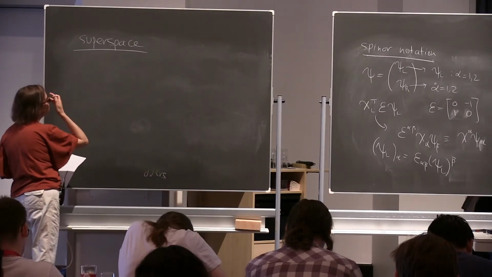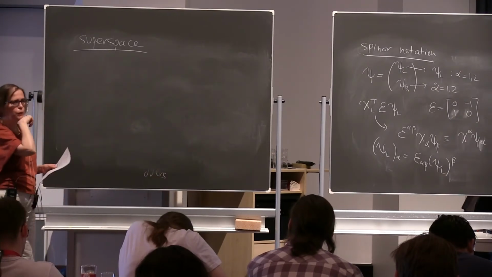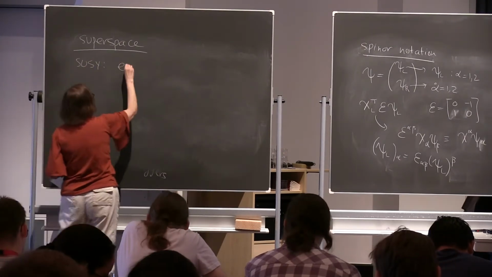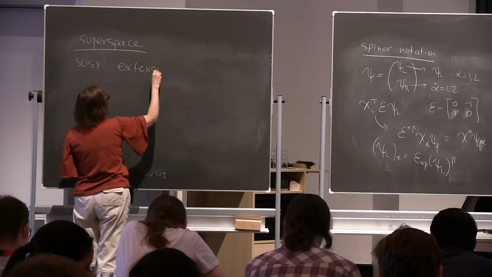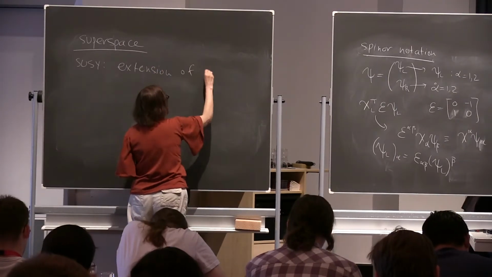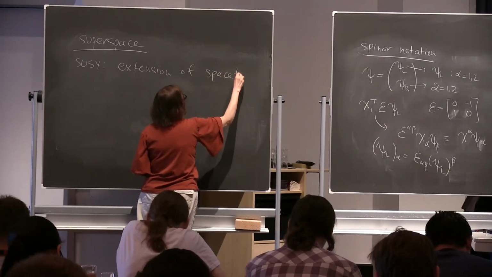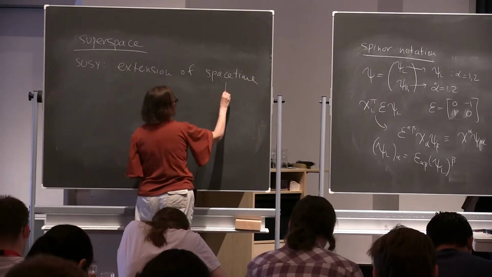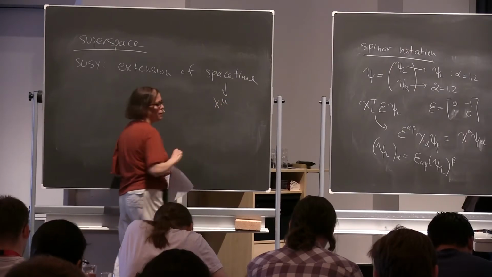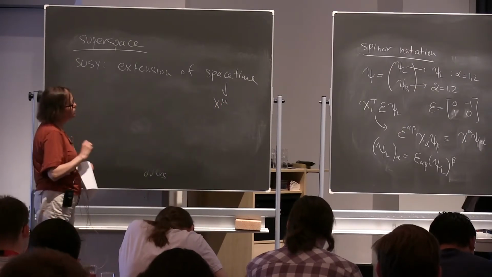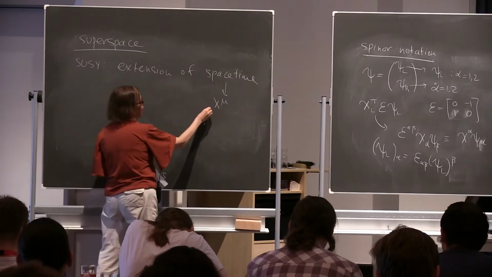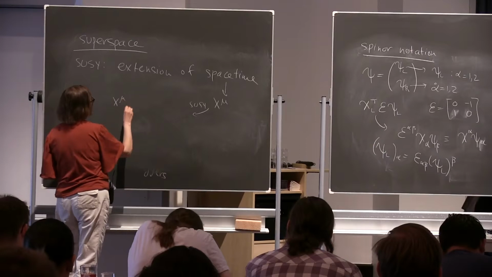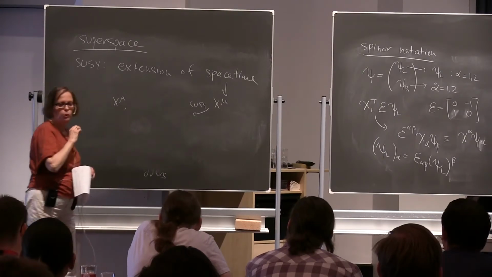Okay, so what's the idea? What's the basic idea about superspace? So we said that supersymmetry is an extension of space-time symmetry. Space-time has to do with x mu. So it seems fitting that once we have supersymmetry, we should add to x mu some more coordinates.